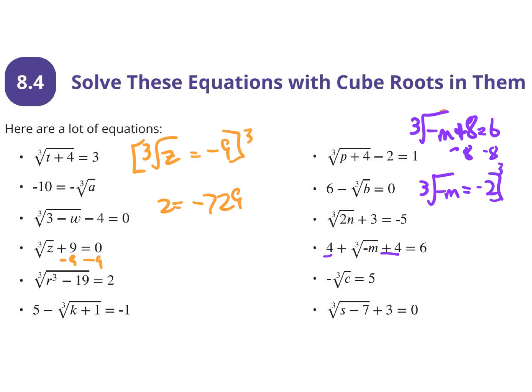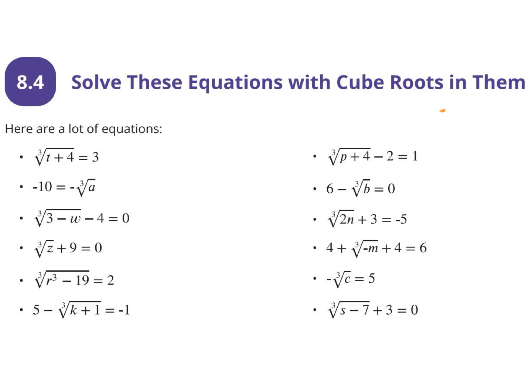If we cube both sides, negative m is equal to negative 8. Divide by negative 1, and m is positive 8. And if we stick it back in there, the cube root of negative 8 is negative 2. 8 minus 2 makes 6.